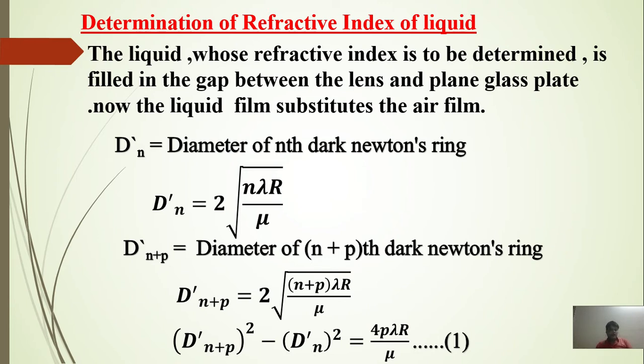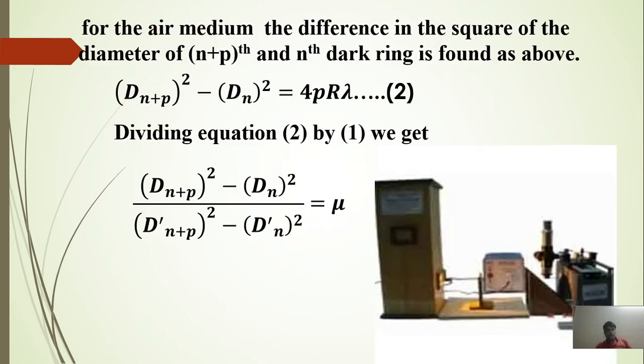So the changed diameter of the (n+p)th dark ring, d dash n+p, is equal to 2 under root (n+p) lambda R by mu. Now squaring and subtracting these two equations, d dash n+p whole square minus d dash n whole square is equal to 4p lambda R by mu. That is equation 1.